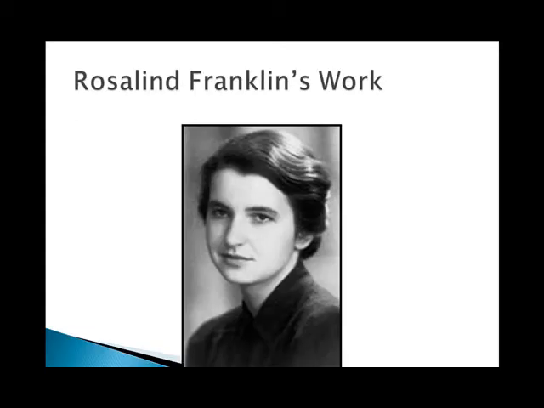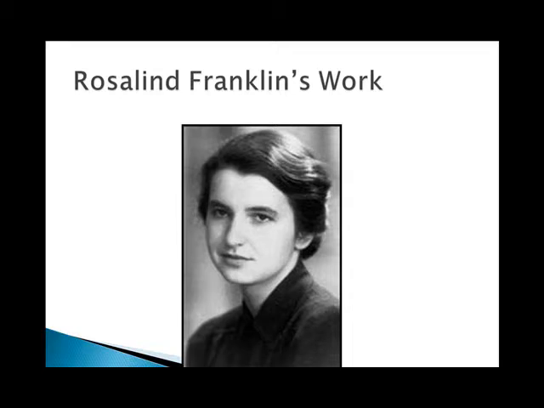Along came Rosalind Franklin in the 30s, 40s, and 50s, and she worked in England on large organic molecules, and she used a new technique at the time called X-ray crystallography. Basically, they fired X-rays at big molecules, and the X-rays would bounce off in different diffractive patterns, and you could use those patterns to identify the shape of the actual molecule.